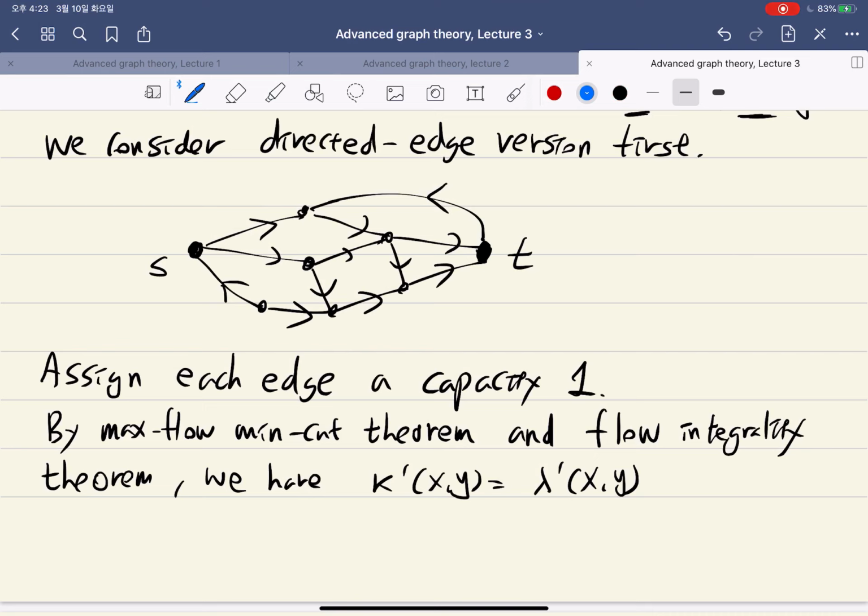Because of what this lambda prime xy is. So by maximum flow, if we have a maximum flow, then the flow integrality theorem implies that there exists an integer maximum flow, an integral maximum flow. But this integer could be either 0 or 1. So you just check all the edges which have flow value 1, and you just color them.